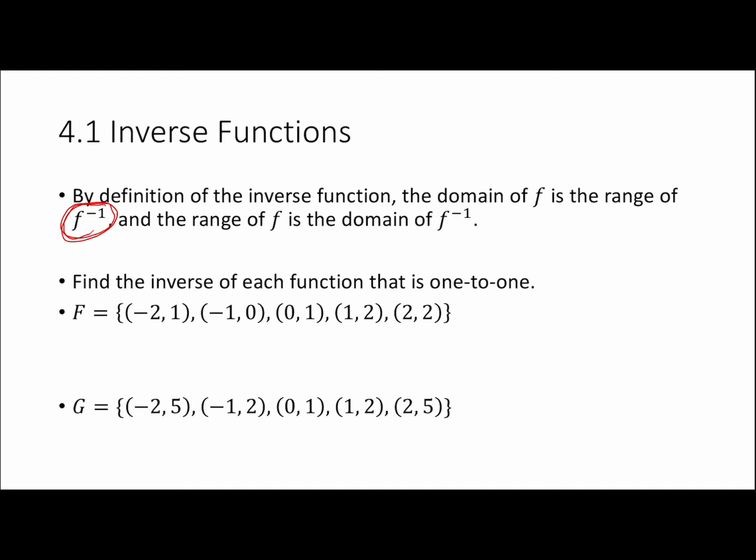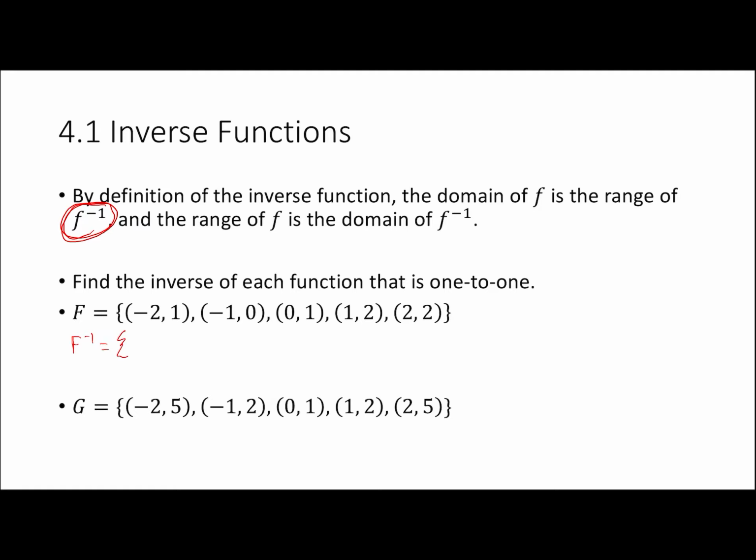And so what we're going to do here with these two sets of ordered pairs is we're going to find their inverses. Okay, so we have function f. F inverse is going to be found by simply flipping x and y in every ordered pair.